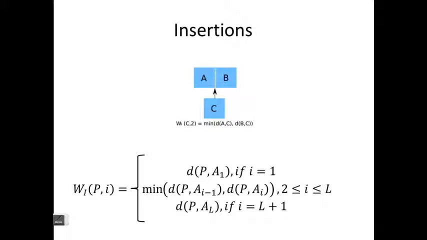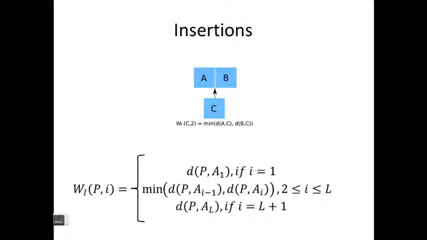To go into a little more detail, suppose we're inserting a pose C into the action where A and B are consecutive poses, and we want to put C in the middle. Then the weight Wi that would contribute to the Levenstein distance due to adding this C is the minimum of the distance between A and C and the distance between B and C.